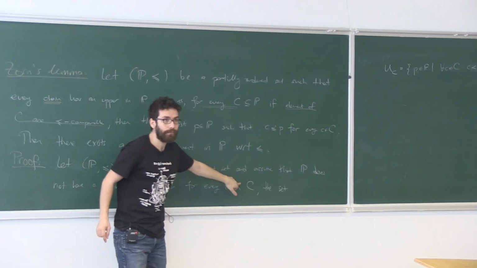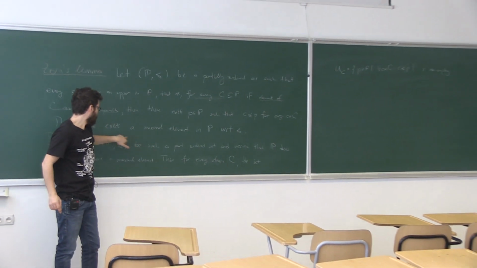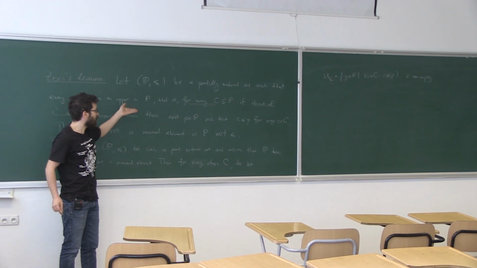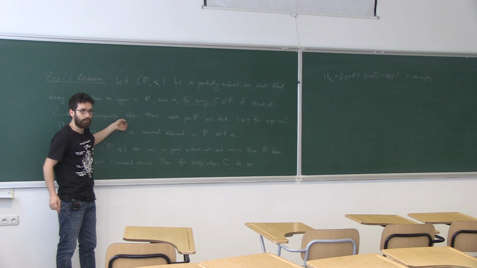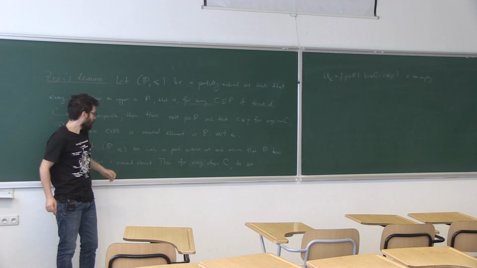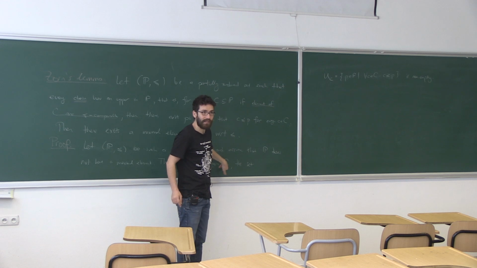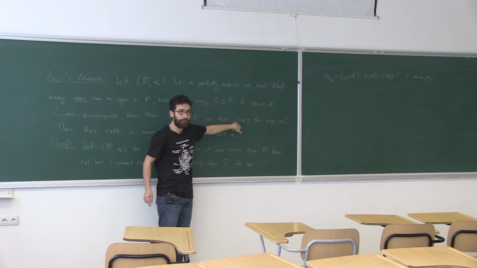Take a chain. My partial order satisfies the requirements of Zorn's lemma, meaning that every chain has an upper bound. So this chain has an upper bound. There exists some element which is greater than or equal to every element in this chain.